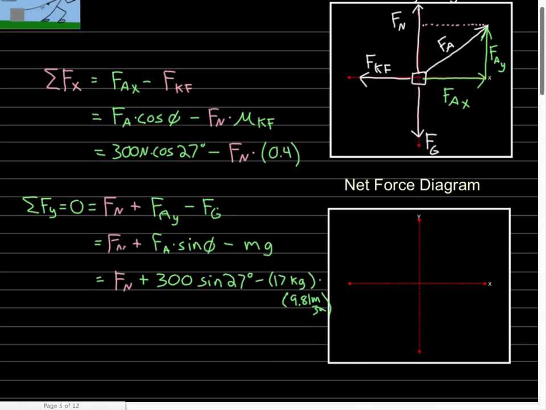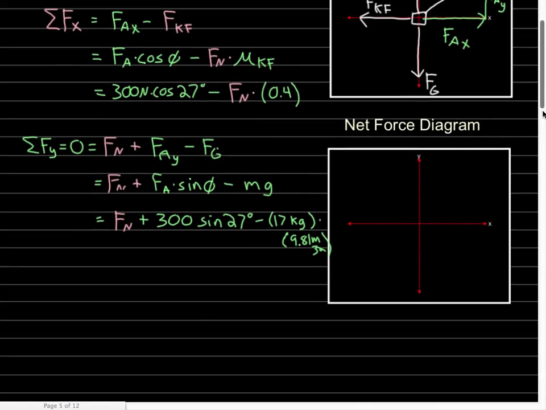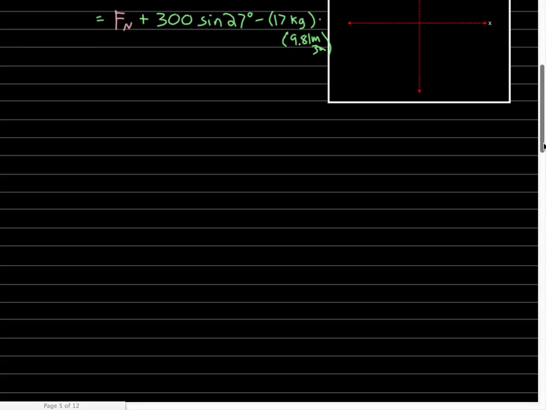All right, and you do all of that, scroll it down, and you get out the normal force plus, let's get our calculators out, 300 sine of 27 minus 17 times 9.81 comes out to be 30.5 newtons, and that's negative.